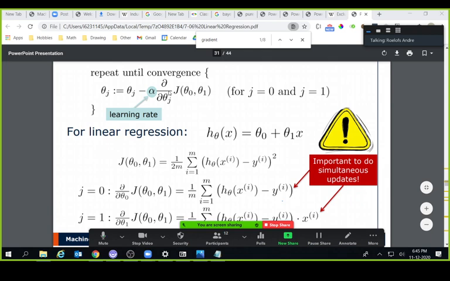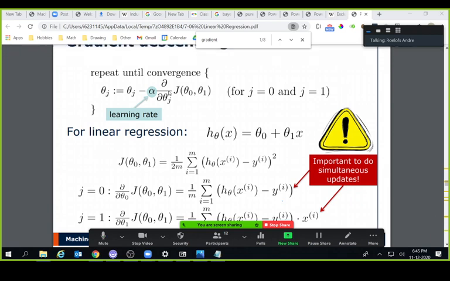The closer you get to the minimum, the smaller the first derivative becomes, right? Because the first derivative is how fast it changes, and the closer you get to the minimum, the slower it usually changes. Of course, if you are on a plateau, the gradient descent will have a lot of trouble with it.